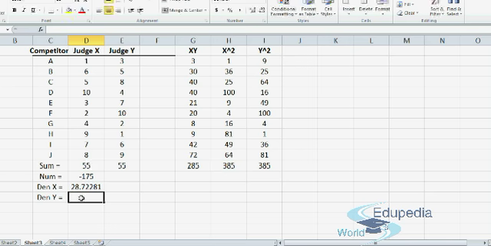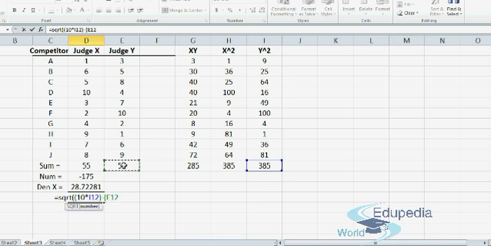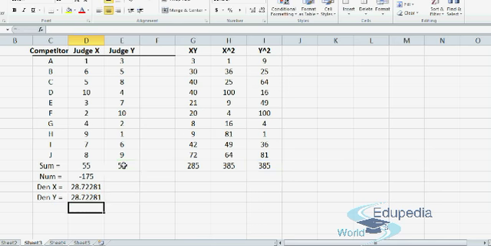Okay, similarly the denominator for y would be square root of n multiplied by summation y square minus summation y raised to power 2. Okay, and finally the value of Karl Pearson's coefficient of correlation will be the numerator, that is this value, divided by the products of both the denominators.